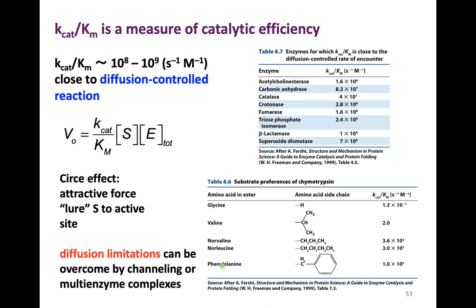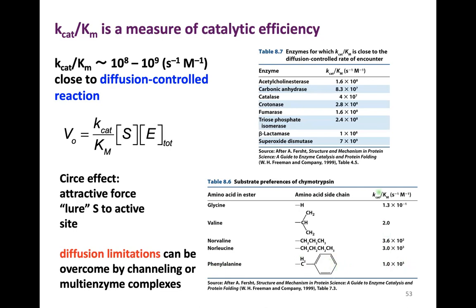Let's compare phenylalanine, which is recognized by chymotrypsin as preferential. We can see that its catalytic efficiency, while not diffusion controlled, is substantially higher. We're at 10 to the 5th per second per molar. That makes sense. That is what this enzyme is made to do, to proteolyze on the carboxyl side of phenylalanine.